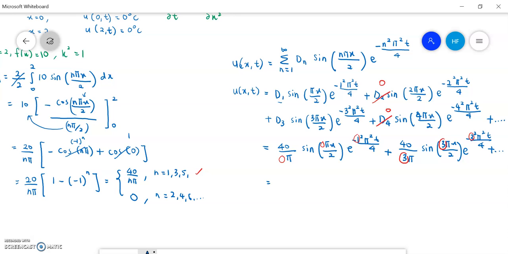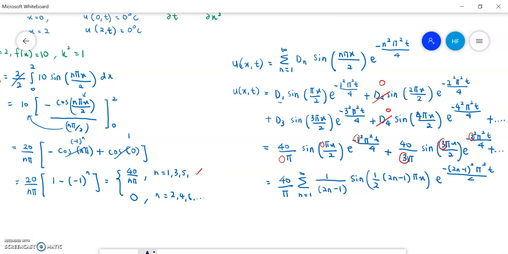So we can factorize 40 over π out, and the summation of n starts from 1 to infinity, where this will be 1 over, since it is increasing with odd numbers or by 2, we get 2n minus 1, sin((2n minus 1)πx/2), times e to the power of negative (2n minus 1) squared π squared t over 4.